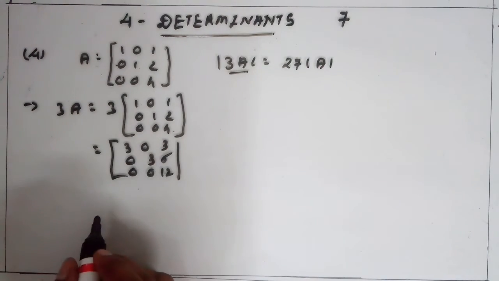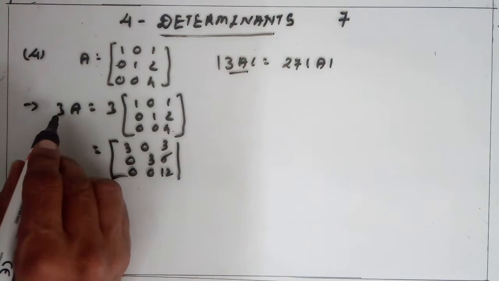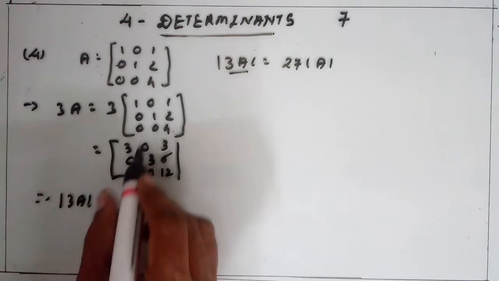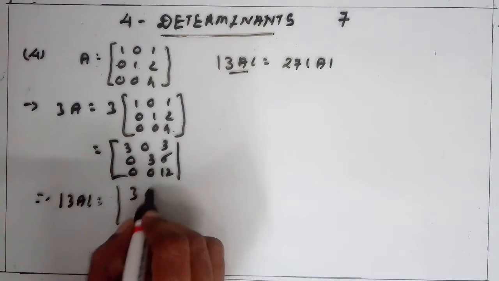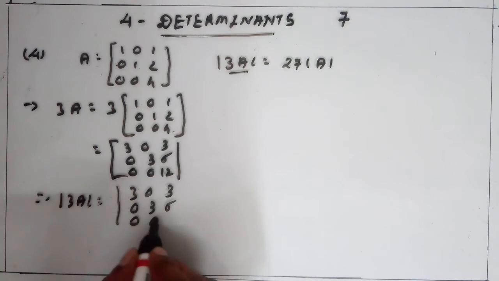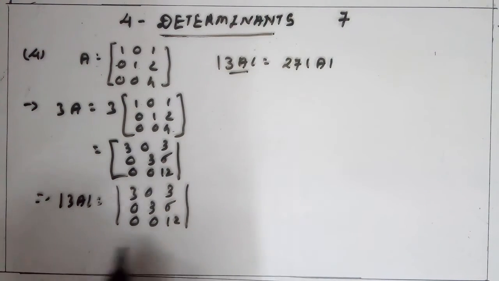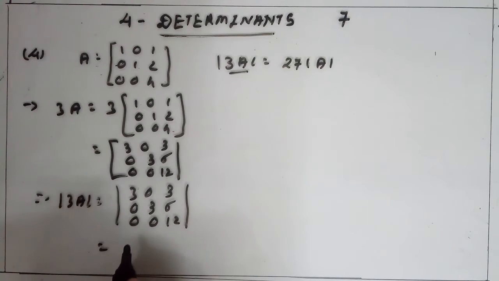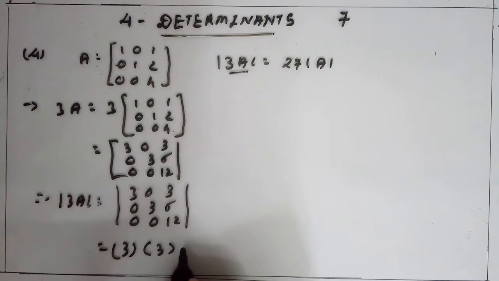Clear this? So change into determinant form. So determinant of 3A is equal to the determinant of this: 3, 0, 3, 0, 3, 6, 0, 0, 12. Clear? So here we take 3 common from the first row, 3 common from the second row, and 3 common from the third row.